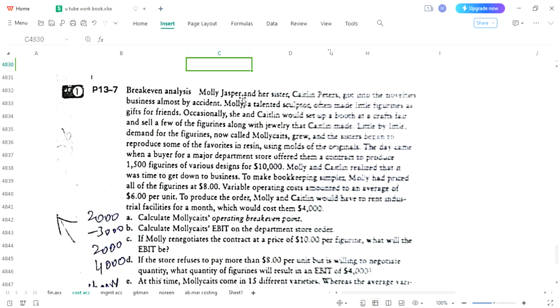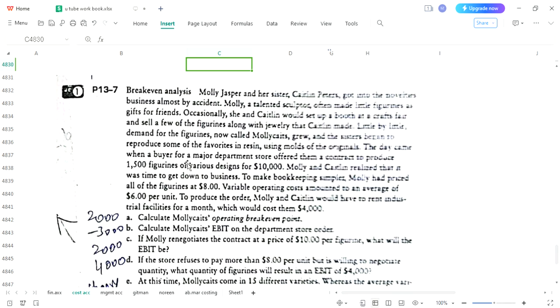So here, let's start reading our question. Molly and her sister got into the novelties business almost by accident. They produce some products using molds.